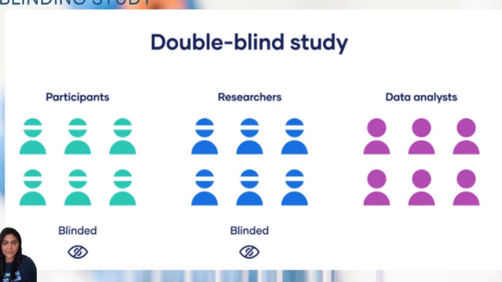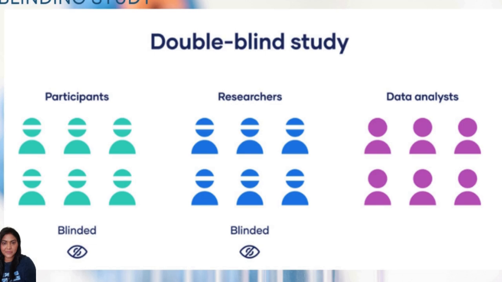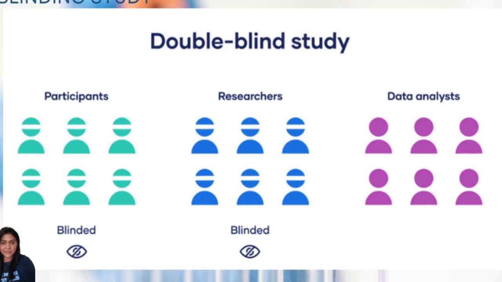It could reveal to the participant their group assignment, or even directly influence the outcome itself. In double blind experiments, the group assignment is hidden from both the participant and the person administering the experiment. Double blinding helps to reduce observer biases.